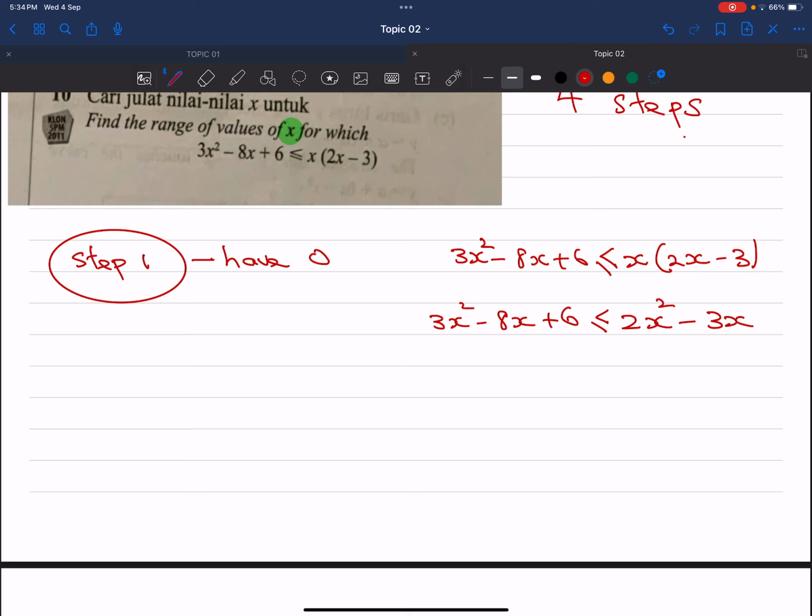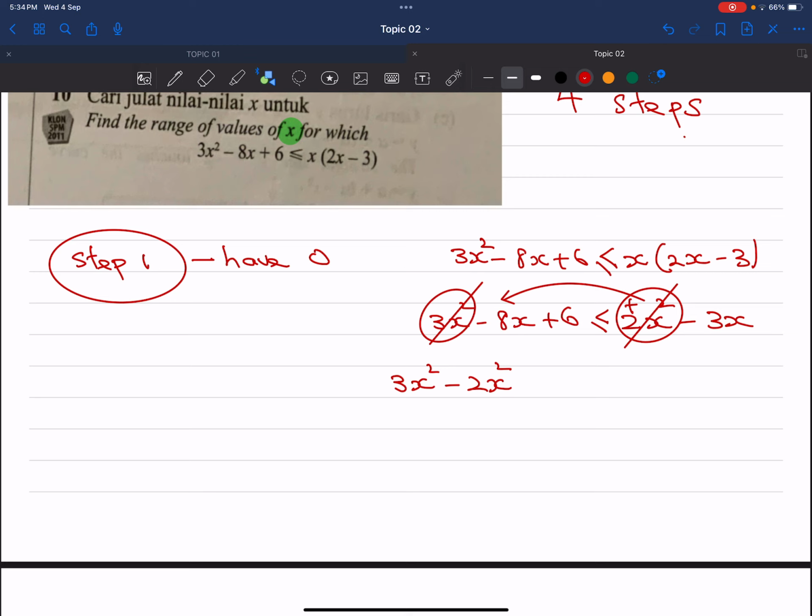Now I transfer the right hand side to the left hand side to get the 0. We transfer one by one. I take the 2x squared to the left hand side, which gives 3x squared minus 2x squared, because plus transfer minus. 3x squared, 2x squared settled.